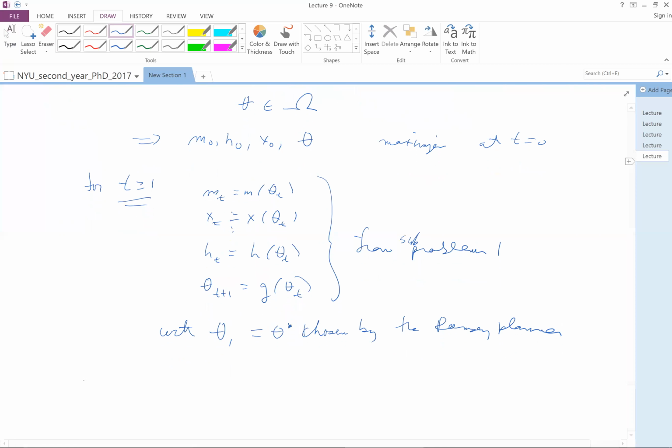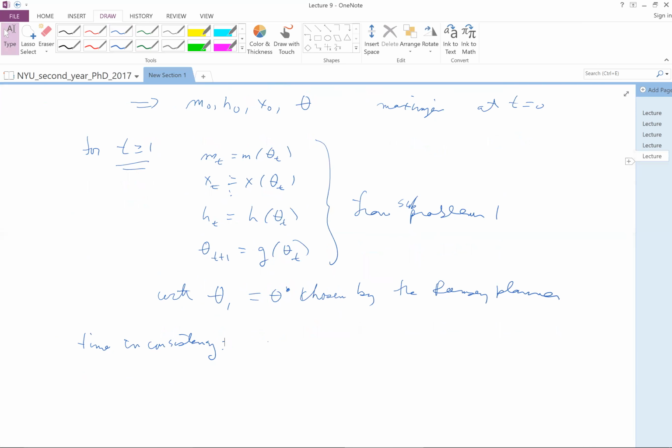And then the time inconsistency is going to surface formally in the context of saying that m1 equals m of theta star is not going to equal m0. x1 equals x of theta star is not going to equal x0, and so on.